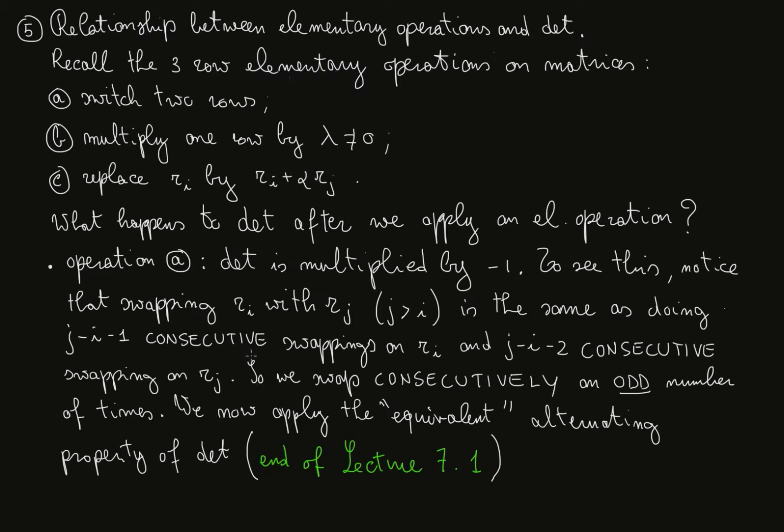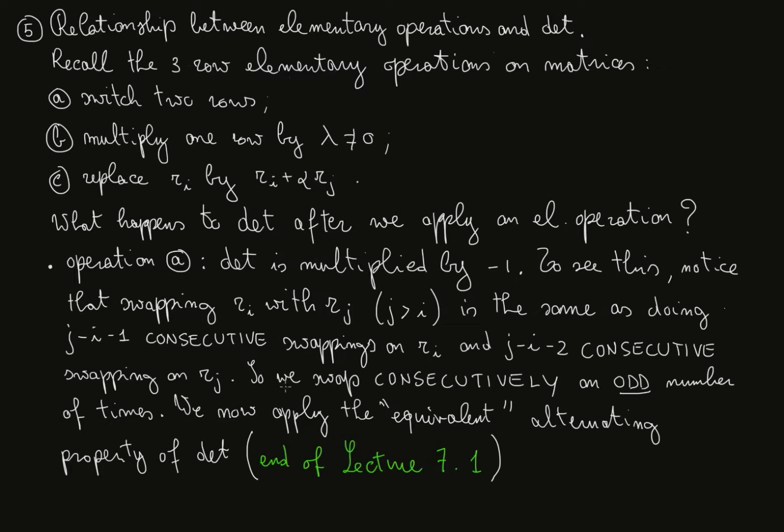Now, why do we split the switching of Ri with Rj into consecutive swappings? For consecutive swappings, we can apply the alternating property of the determinant.